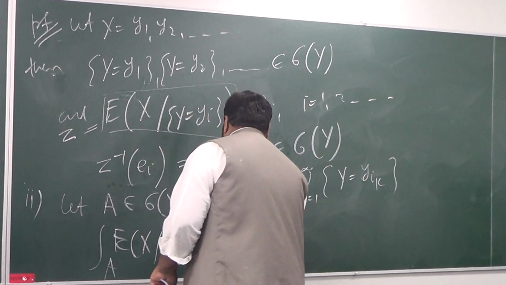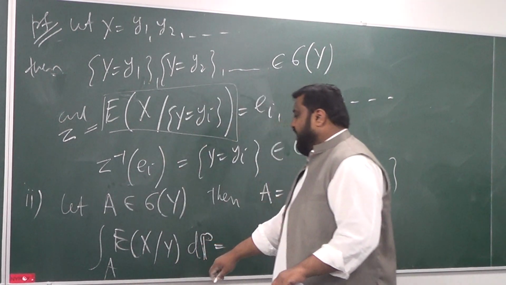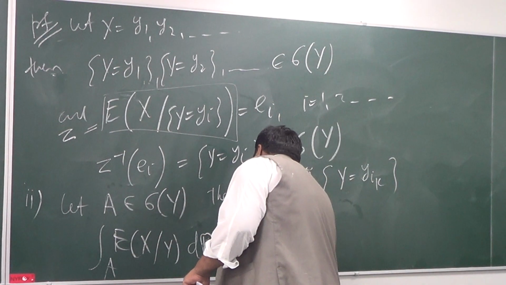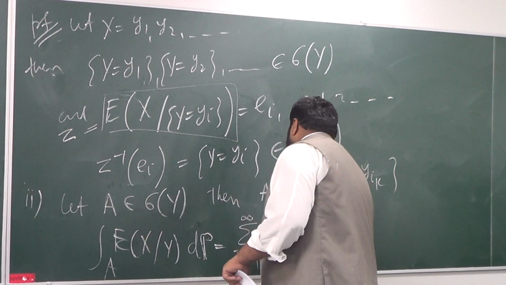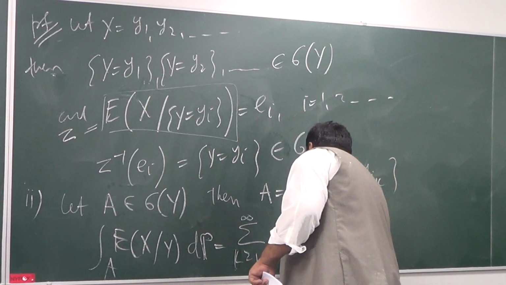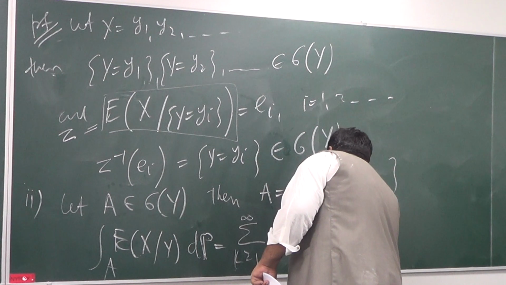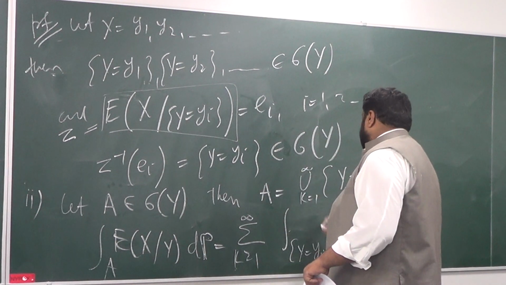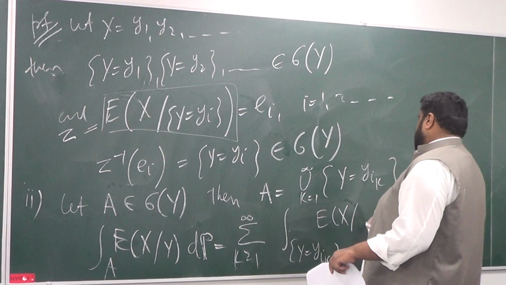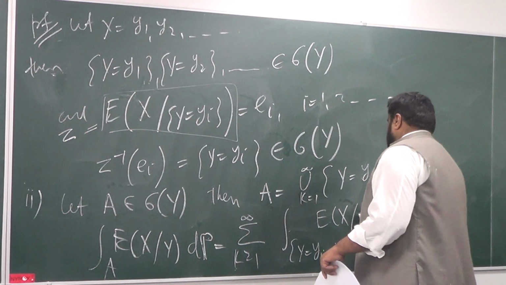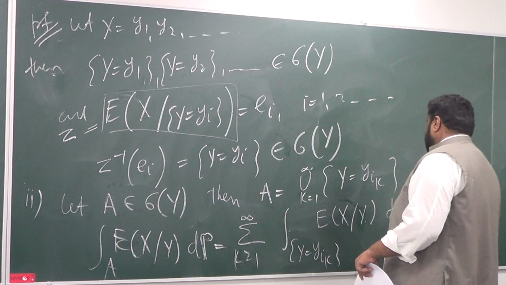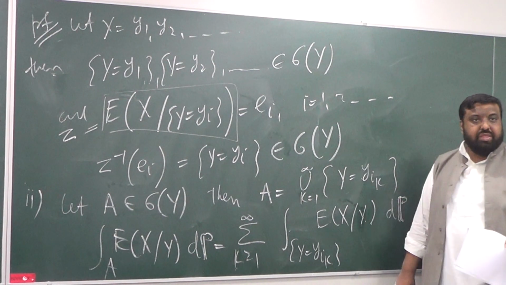It is going to be equal to the integral over the union, and since all these are disjoint, it is going to be the sum over k equal to 1 to infinity of the integral over y equal to yik of the conditional expectation of x given y with respect to dp, right? Is it making sense?